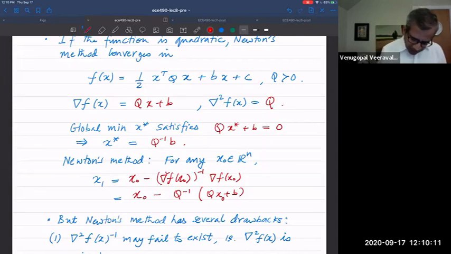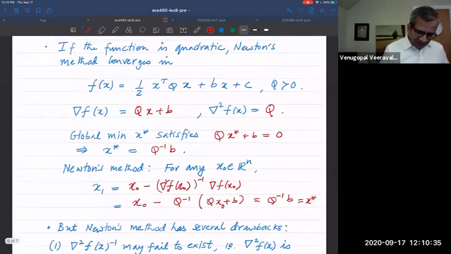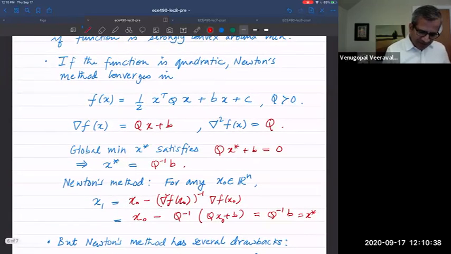And now you'll see that the Q inverse Qx0 will cancel out with x0, and all you're left with is Q inverse of b. So what's happened? I started with any x0, and x1 became x star. So for this quadratic function, Newton's method converges in one iteration, one step.